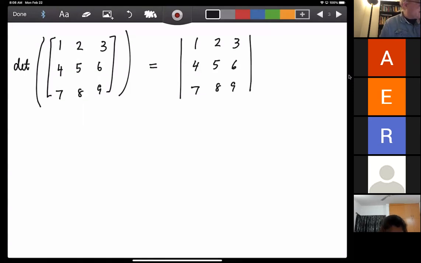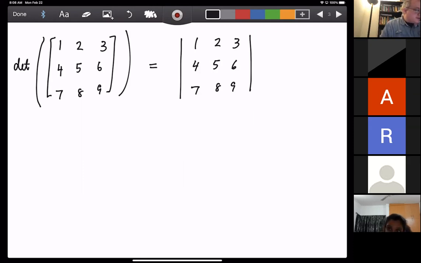Instead of writing out the name of the function determinant, so please mute yourself unless you're asking a question, because noise gets into the Zoom session.